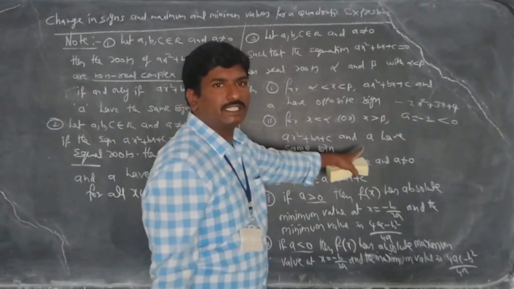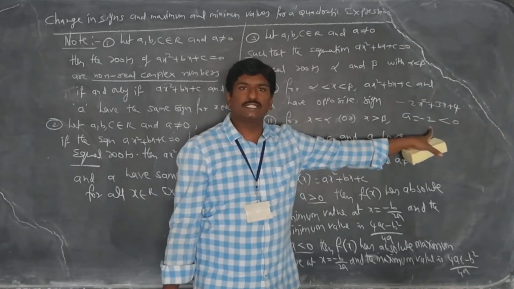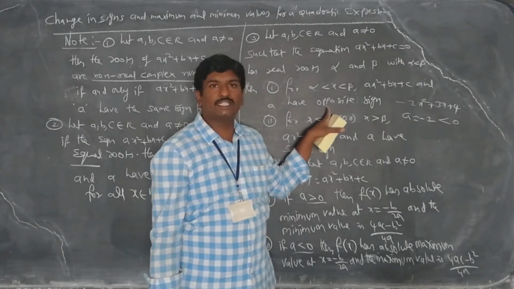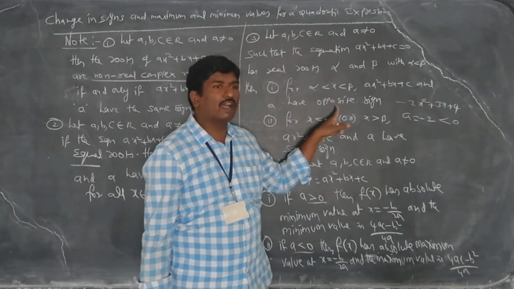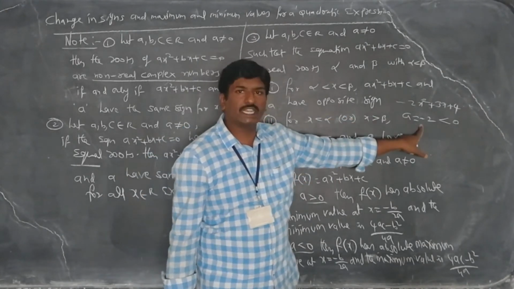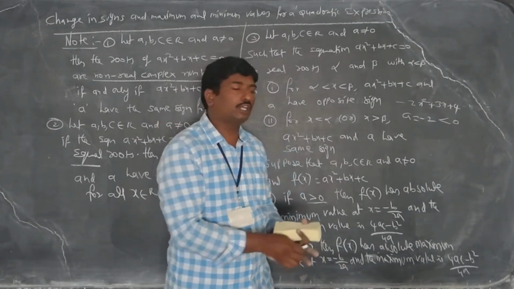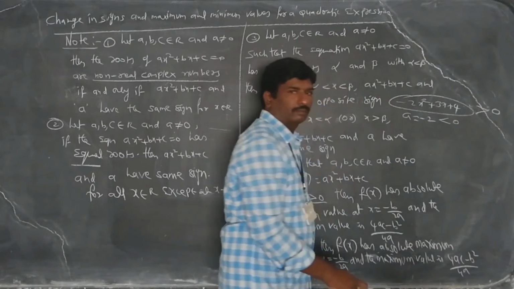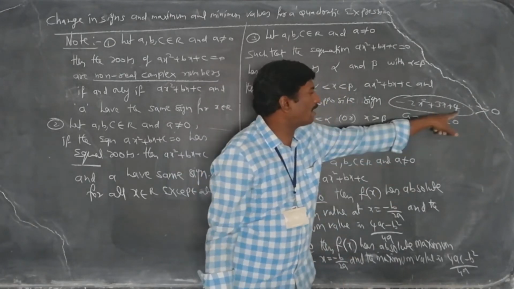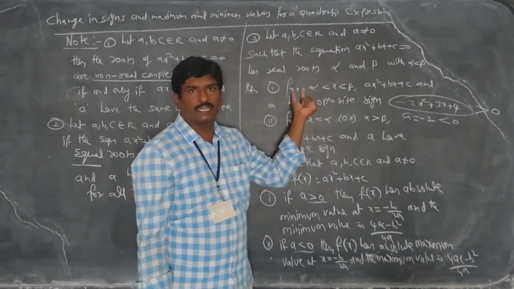So when alpha is less than x less than beta, the expression and a have opposite sign. When a is negative, the expression value becomes positive. Then only we say that these two have opposite sign. Clear? So this is the first condition.